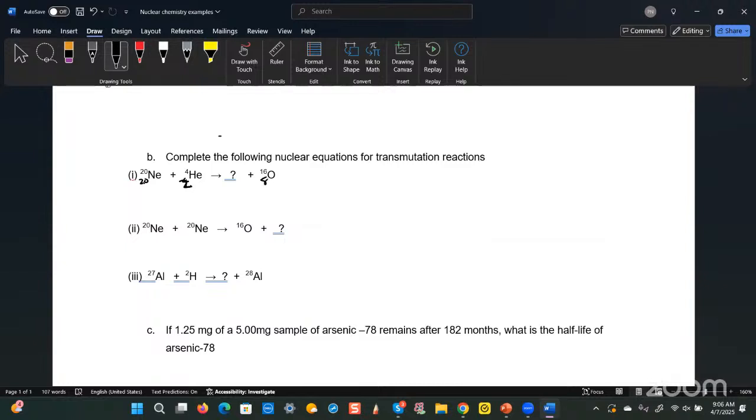So what would be the atomic number of the element represented by the question mark here? Remember, the atomic numbers have to be conserved, right?